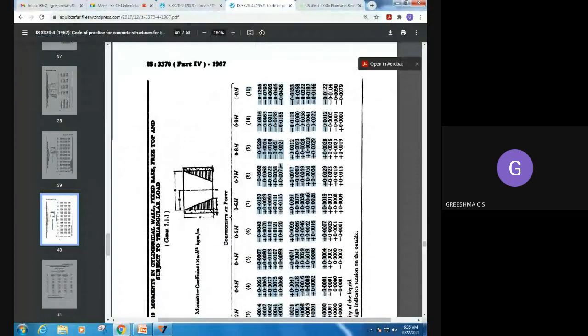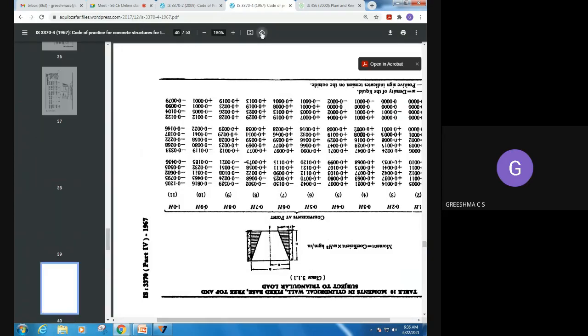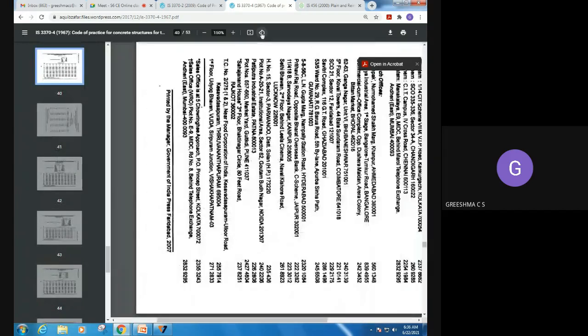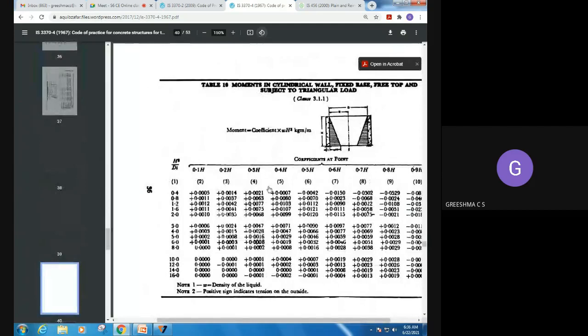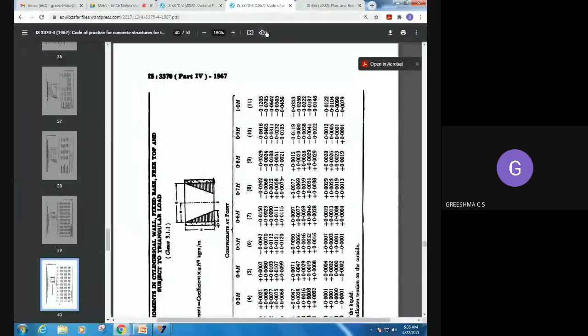See this one: at 1h, the maximum bending moment coefficient is minus 0.0079.